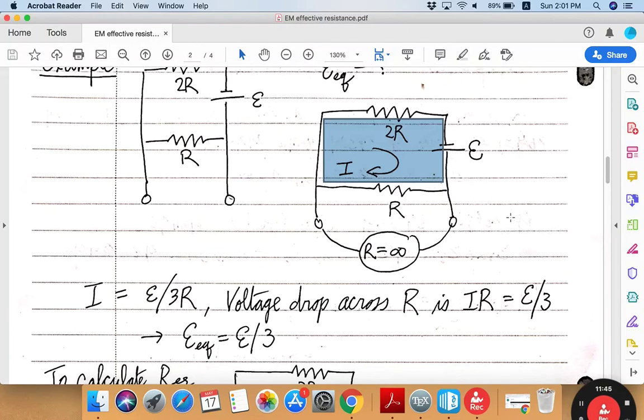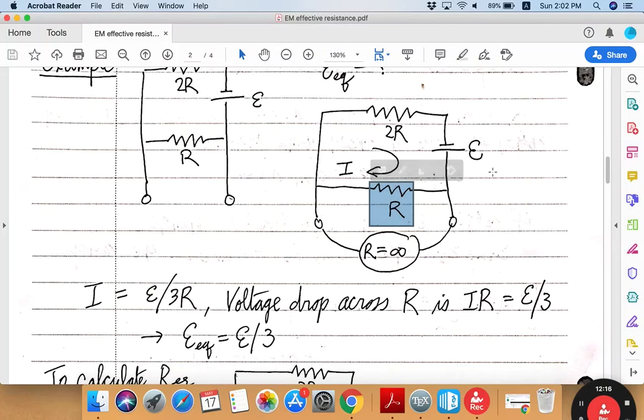But then this ends up being a very, very simple equation to solve. Namely, you have these two resistances. One has resistance 2R. The other has the resistance R, and they're connected in series. So you just have to add their individual resistances for a total of 3R as the total resistance.